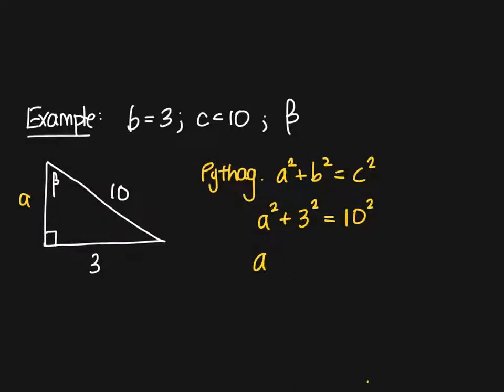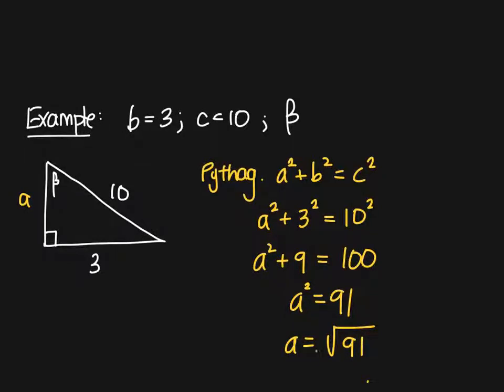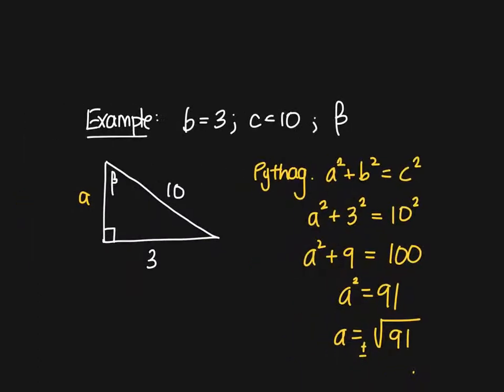So I'm looking at a squared plus 9 equals 100. And when I subtract, I get 91. And so a is the square root of 91, plus or minus. This is a positive triangle, so I'm only going to use the positive part of it. So now I know that a is equal to the square root of 91.